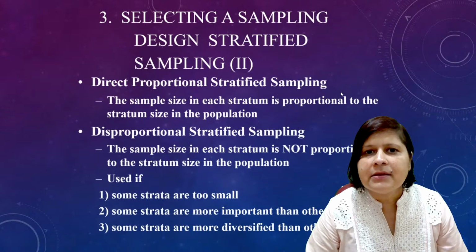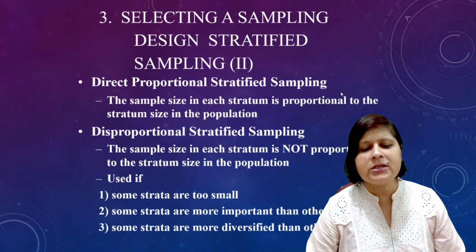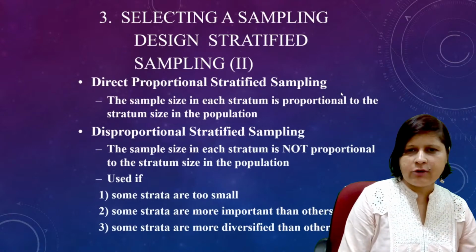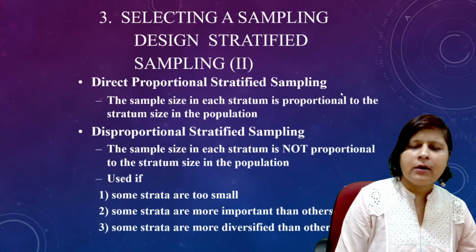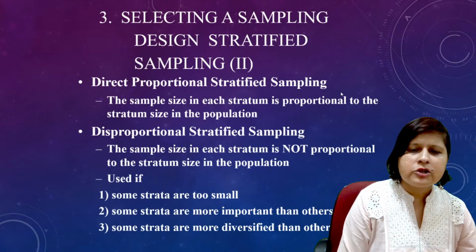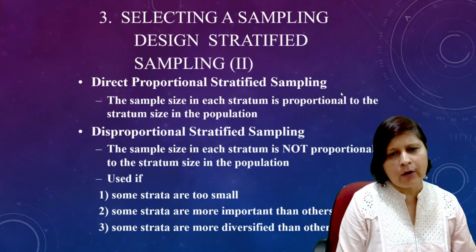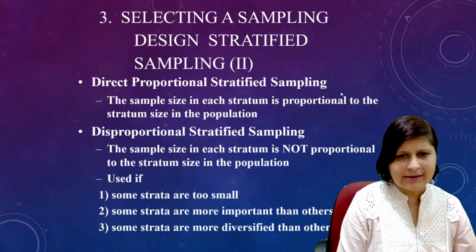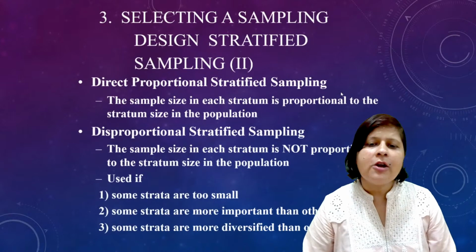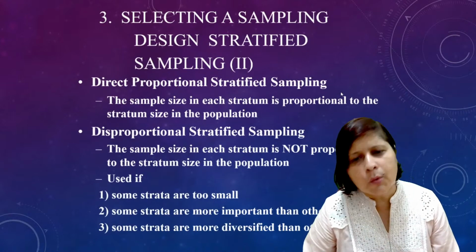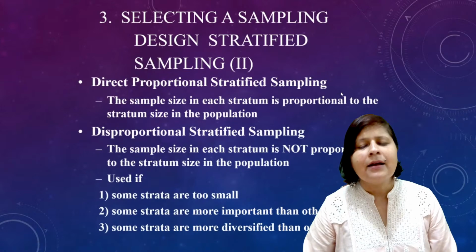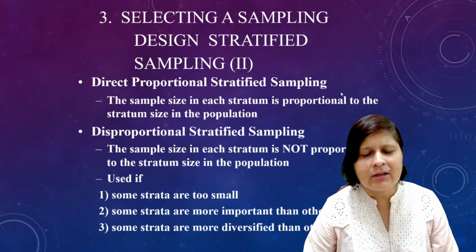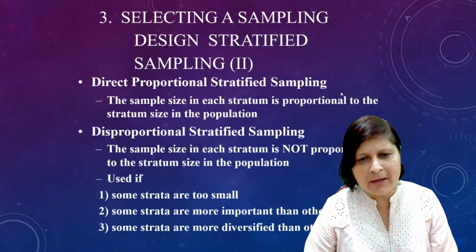The sample size in each stratum is proportional to the stratum size in the population. If the population of one stratum is, say, 50 or 60, then the sample chosen from that stratum should depend on the population size, that is 60. If the population of another stratum is, say, 200, then the sample size of B would be chosen on the basis of that population, that is 200.